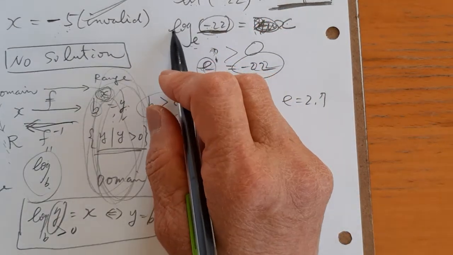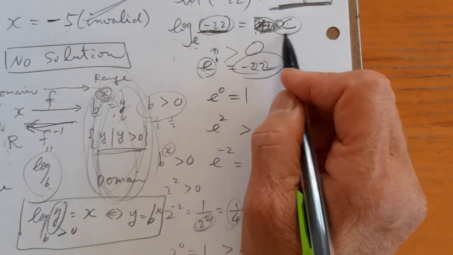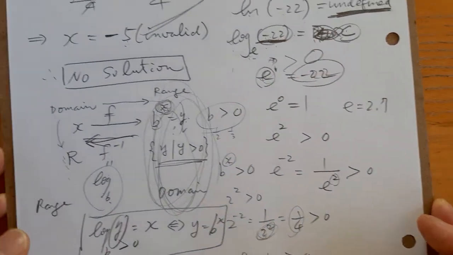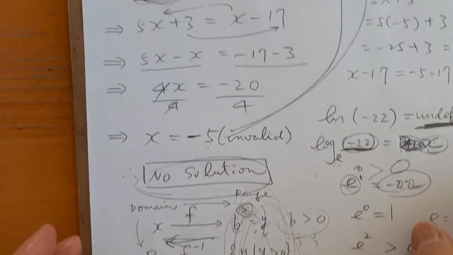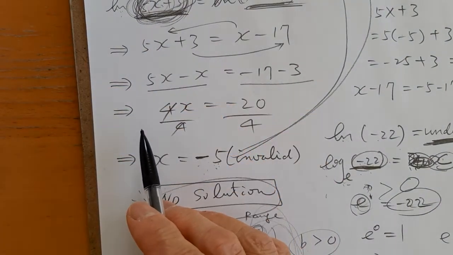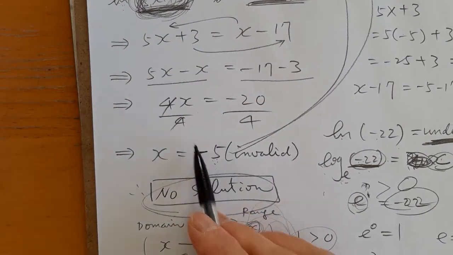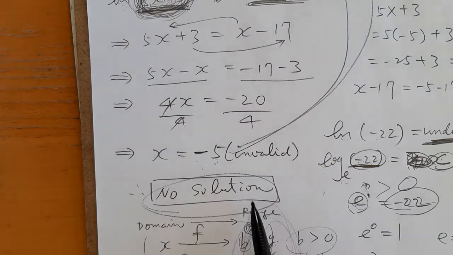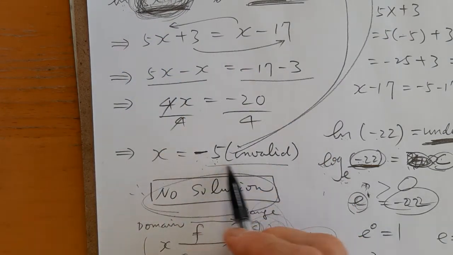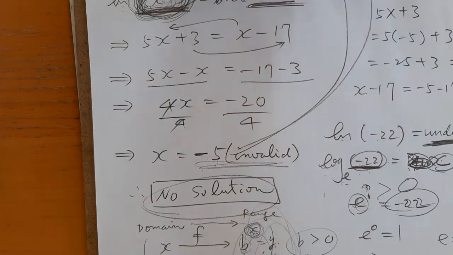So natural logarithm of negative 22 equals what? Undefined. So in this question, you plug in negative 5 and make this negative; this we call the argument. A negative argument is not a solution. This is an invalid solution. So this is no solution.